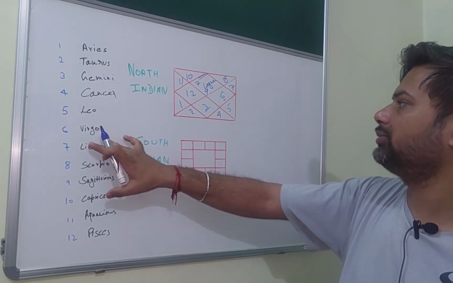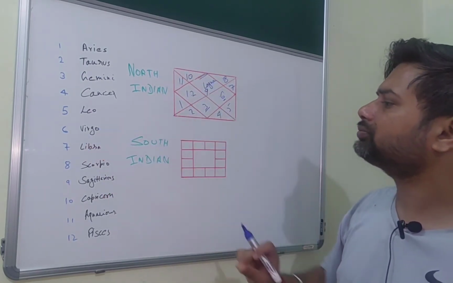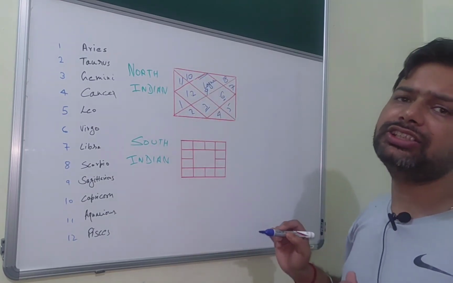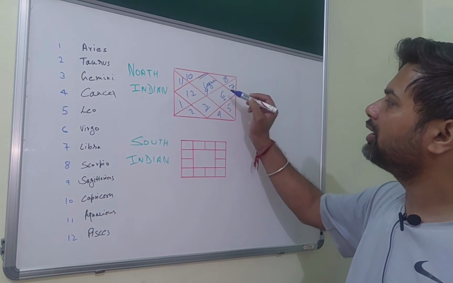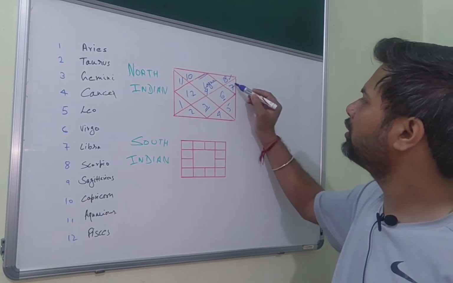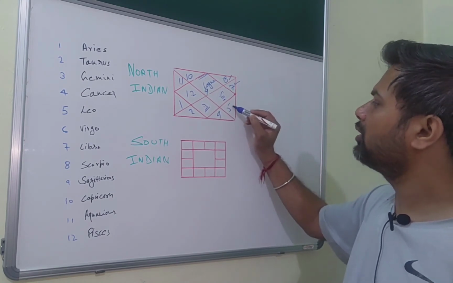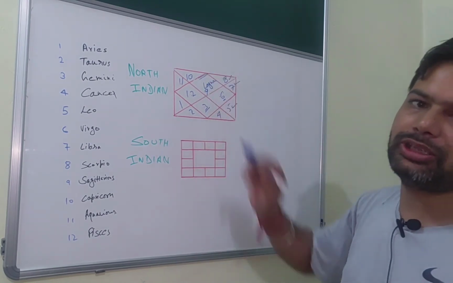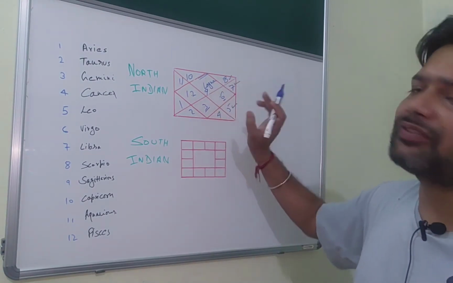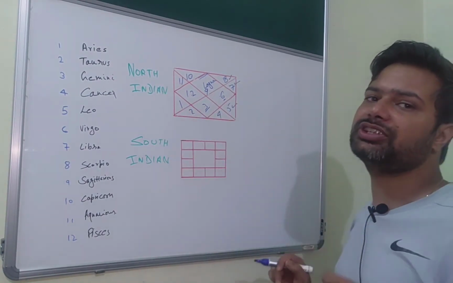Virgo Rasi. Similarly, for all other Rasis, we will say that this is Scorpio, Libra, Leo, like this only. So this is the North Indian chart where bhavas are fixed and Rasis keep changing.